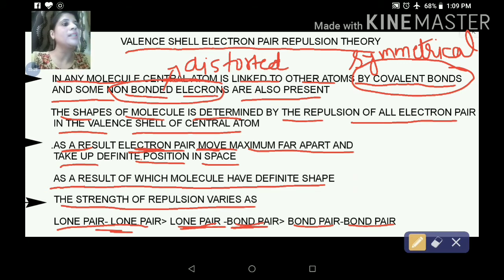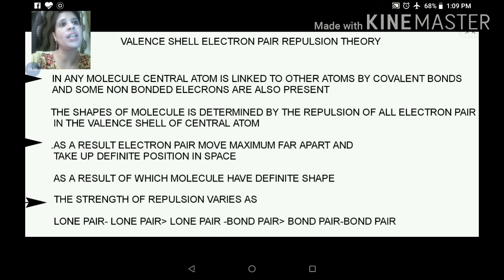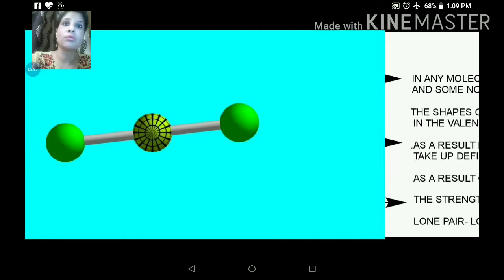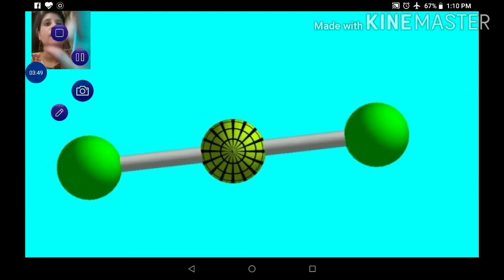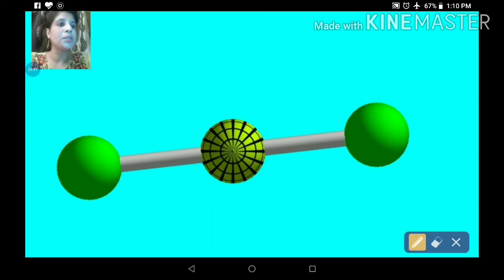Now let us see how valence shell electron pair repulsion theory has determined the shapes of many different molecules. The first shape is the central atom A with two other atoms. This is an AB2 type molecule, where the central atom is connected to two atoms.